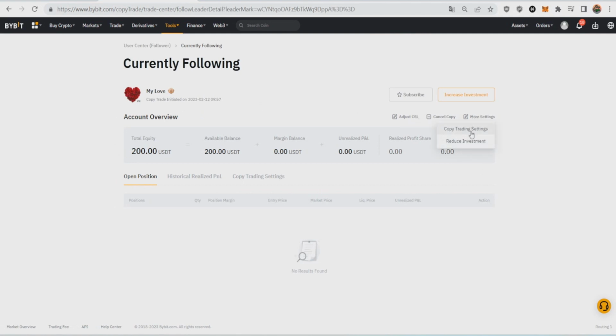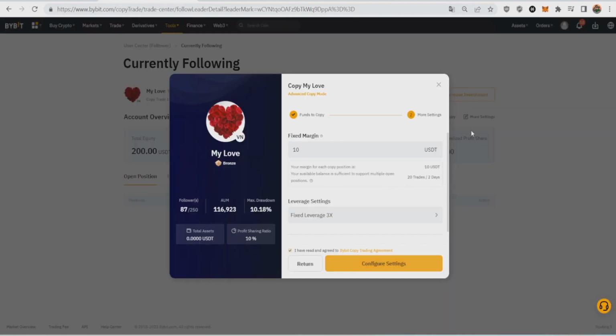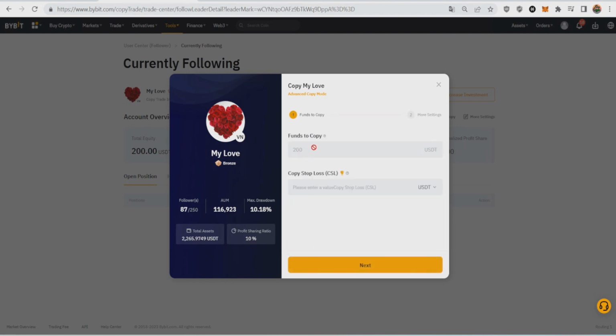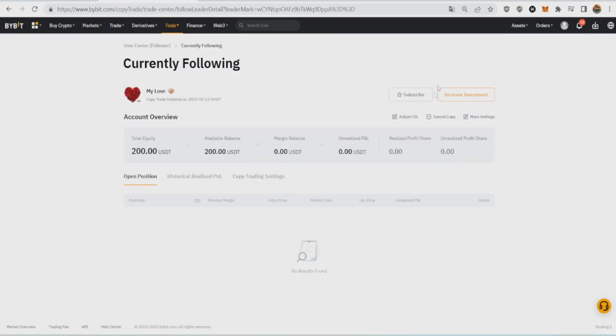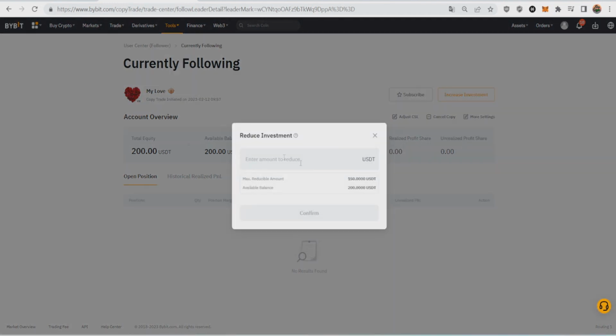Like the first one we're gonna do is copy trading settings. Here you can basically choose what you want. If you wanna up your margin, up your fixed leverage, or more settings, or even return. And you cannot adjust your funds to copy here, but they made it possible that you just click on more settings and reduce investments. So max reducible $150.